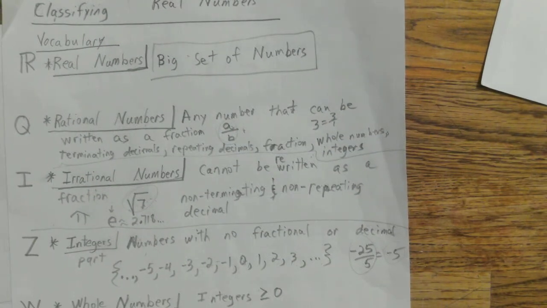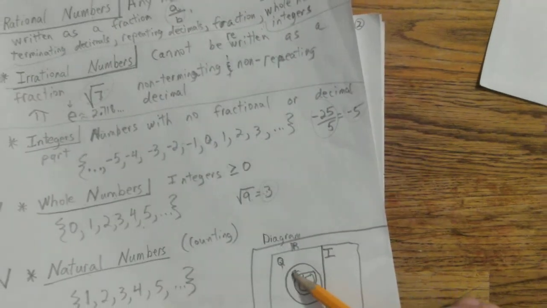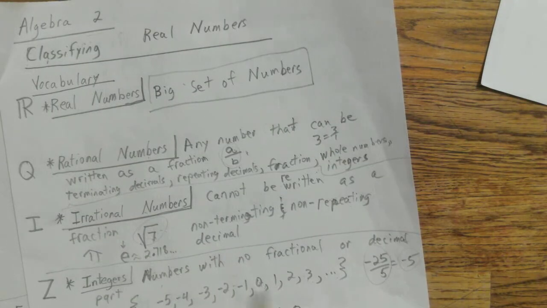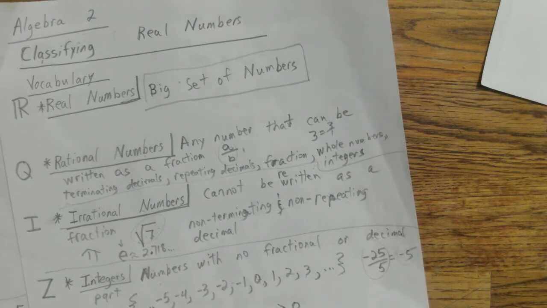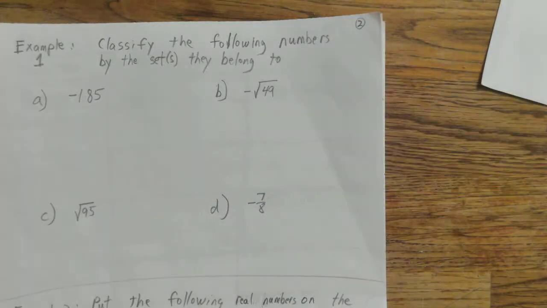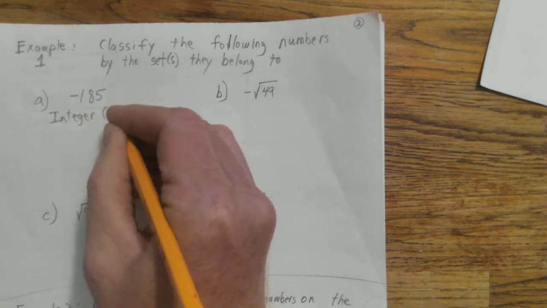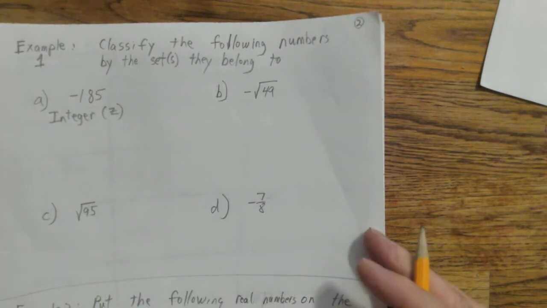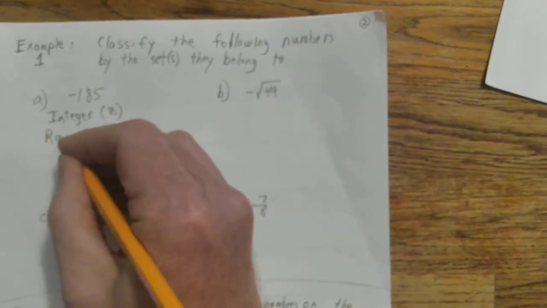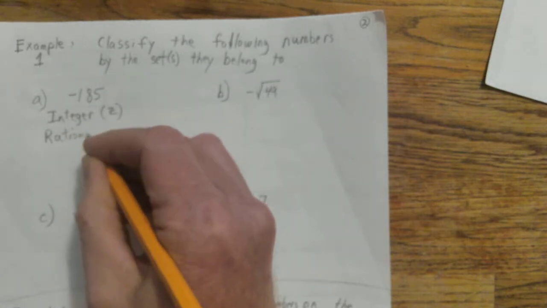Now, if it's an integer, I'm looking at my diagram we made, because you notice it's got no fraction part or decimal part, it is an integer, and it's negative. It's not positive, so it's not a whole number. So let's put integer, which is Z. If it's an integer, it is also a rational number.